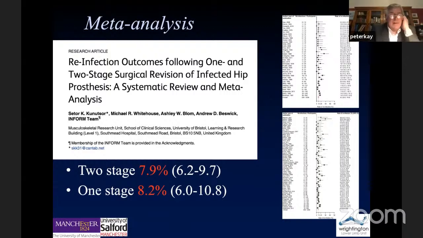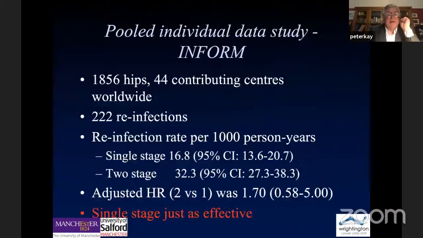You know, you've got two goes to get rid of the bacteria. Well, in actual fact, there's not a lot to choose. And there's a recent study looking worldwide at infections and reinfections. Again, if you want to be a one-stage reviser, the results are reassuring, really very comparable and very good.